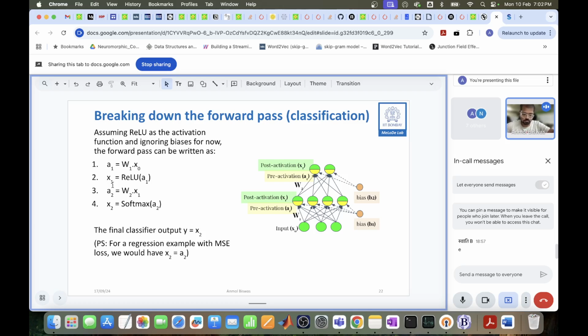This is something called a ReLU, which is a rectified linear unit, right? And basically it generates this output where if the input of the ReLU is greater than 0, then it just gives that as the output. If the input is less than 0, then it gives 0 as the output, right? So it is the max of 0 comma x, where x is the input.